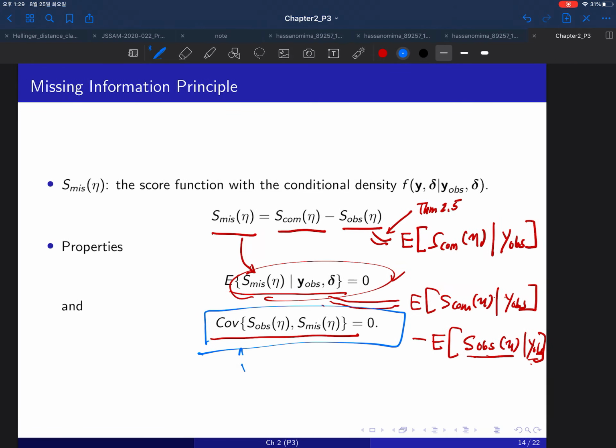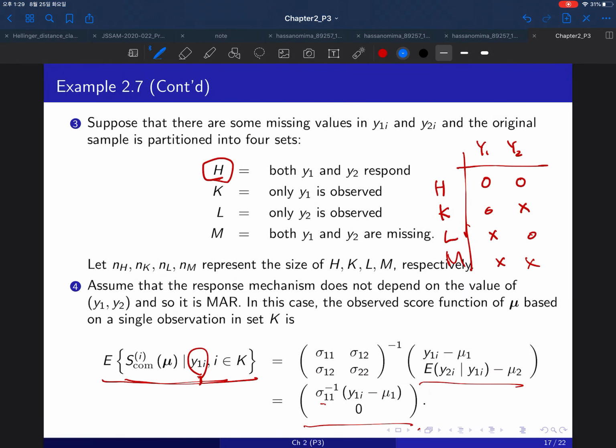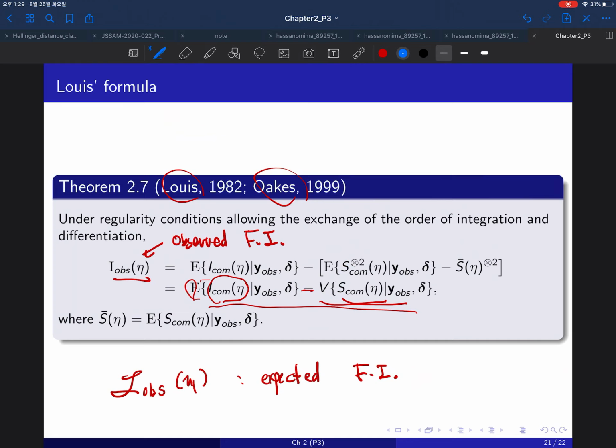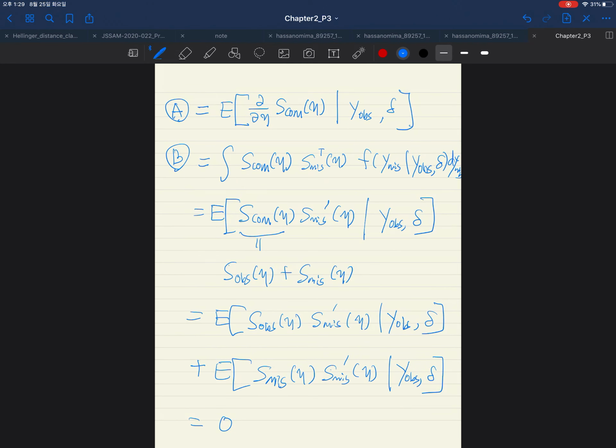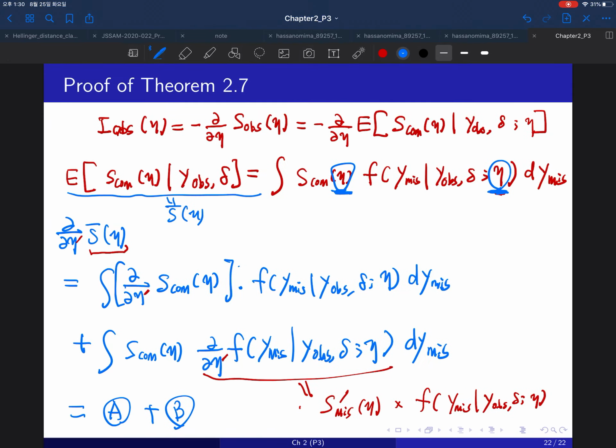So we use that to get 0, and then the second one is S miss, a kind of outer product. Okay, so that actually proves it, combining these two.